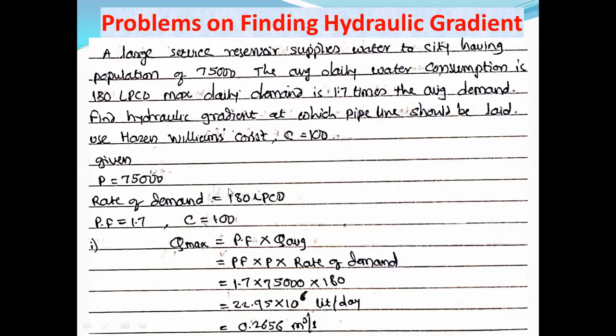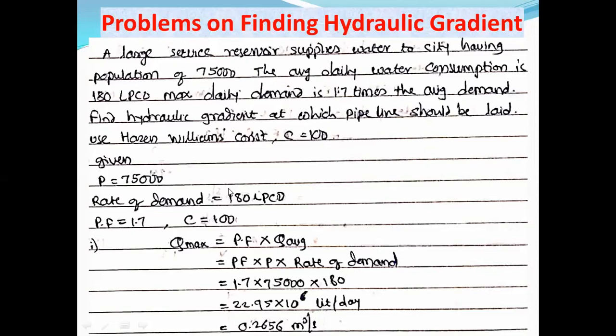But while designing the system, we have to consider the maximum daily demand, which is 1.7 times the average demand. This 1.7 is nothing but the peak factor. We multiply the average value by the peak factor to get the maximum demand or maximum discharge. So peak factor is equal to 1.7.